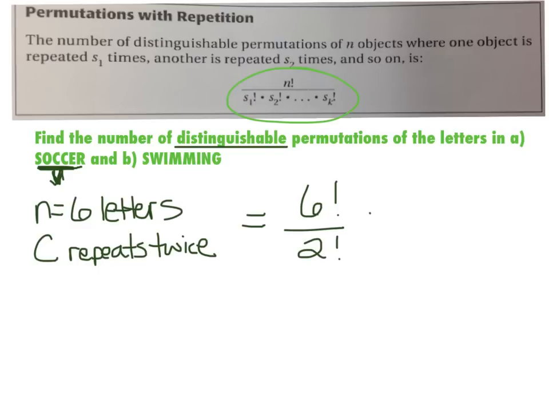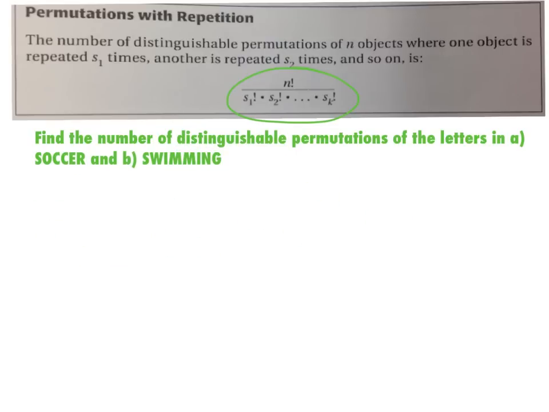So we've got 720 over 2, which gives us 360. If they were all different letters, it would have been 720 different ways, but since the C repeats, we have to divide that by 2. So it's only 360 different ways because we can't distinguish one C from the other.